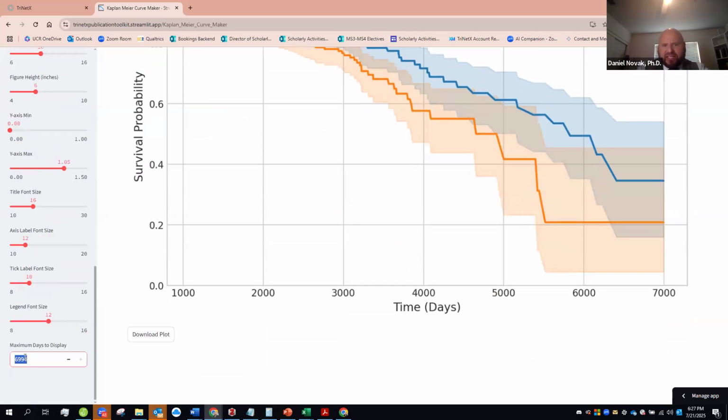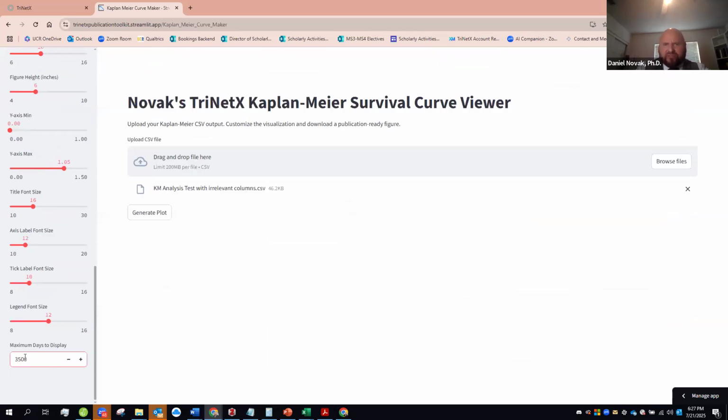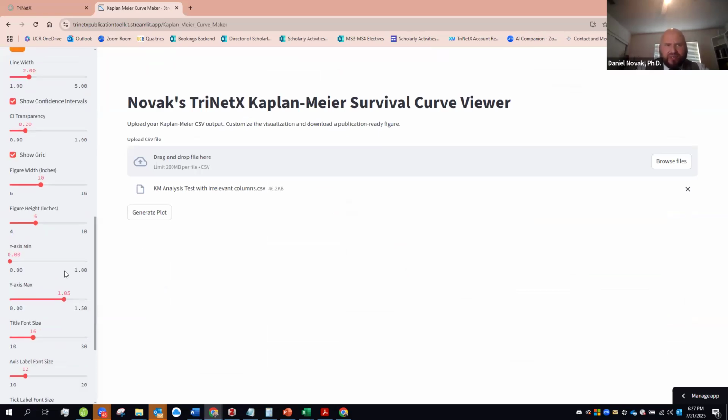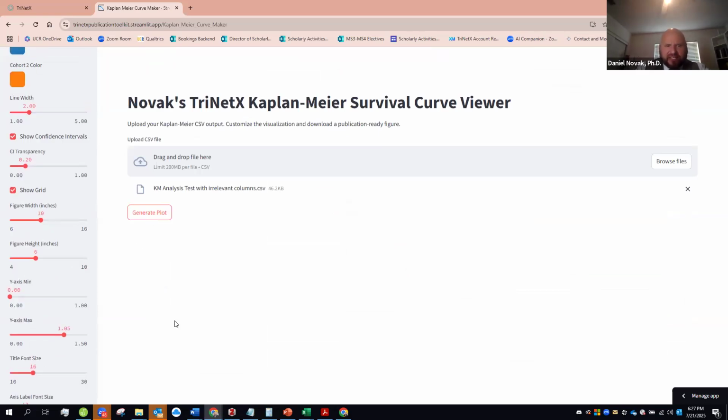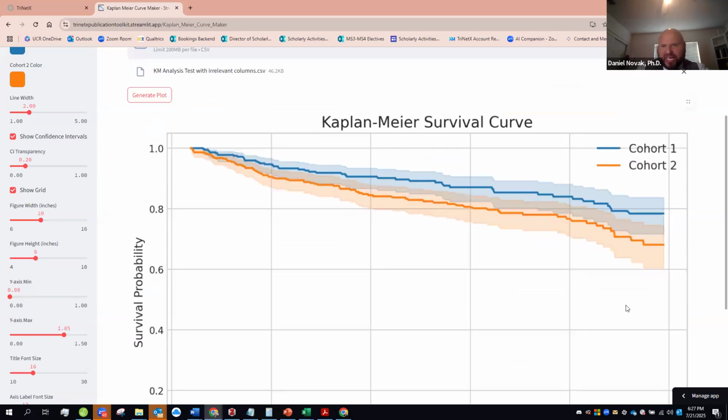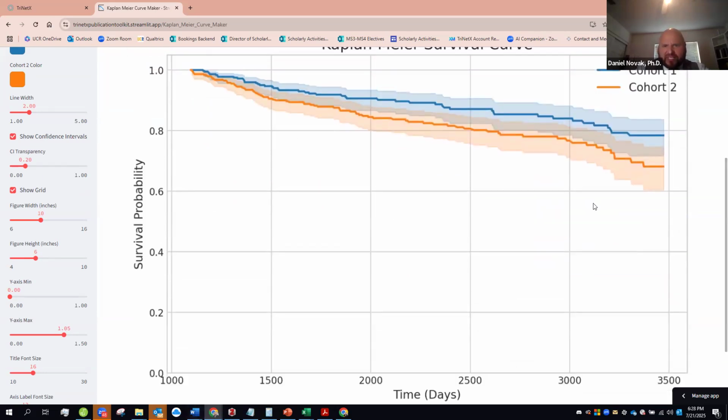You can set how many days you want included. Maybe you only want 3,500 days. Oh, look, that's great, but maybe we want to cut the analysis a little bit so we can have a better zoomed in view. You can see how much of this space is just empty.